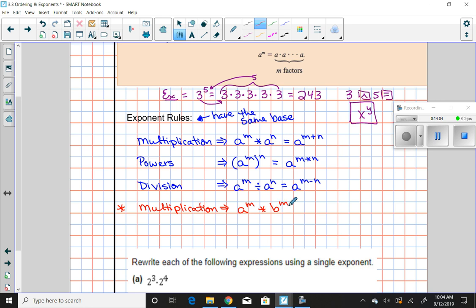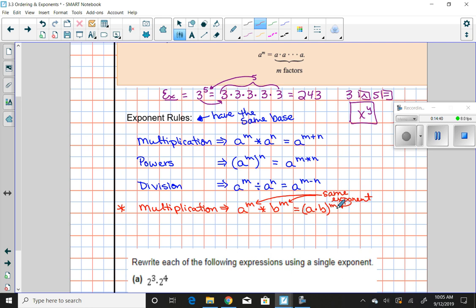So in this problem, they don't have the same base, but they have the same exponent. If that's the case, we can actually still deal with it. We can say this is a times b to the m power. We can multiply the bases and leave the power as is. You don't change it.